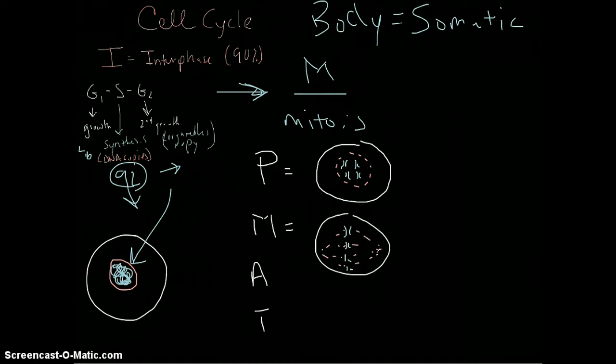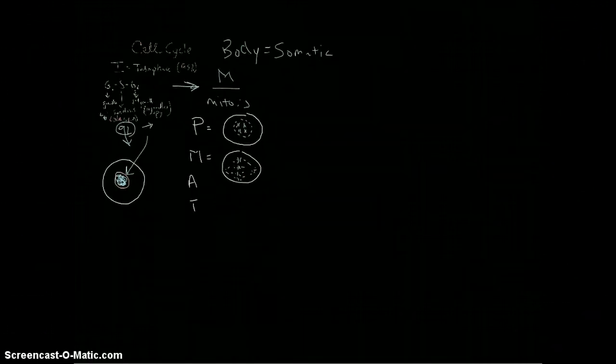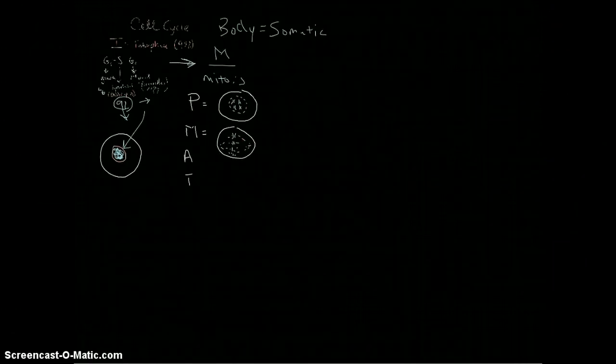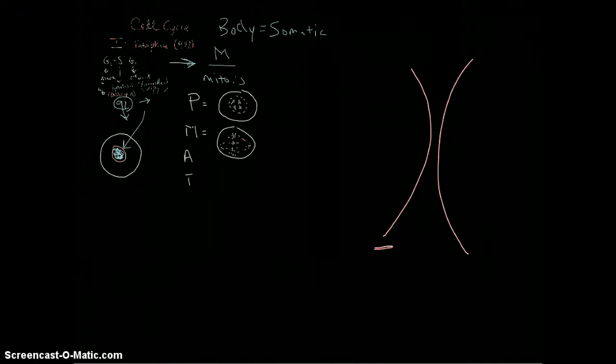Now, if I was to zoom in real quick on a structure here, look at the chromosome. This itself is considered a chromosome. In the S part of the interphase, we talked about DNA getting copied. We get an identical copy, which is this one over here. That copy is going to be held in the middle by this centromere. The centromere is going to hold them together.